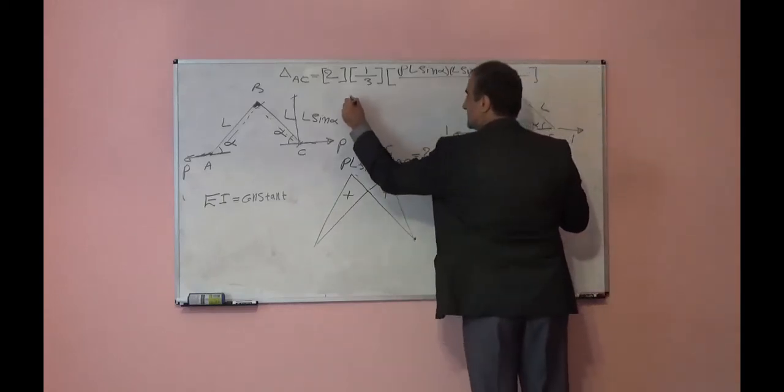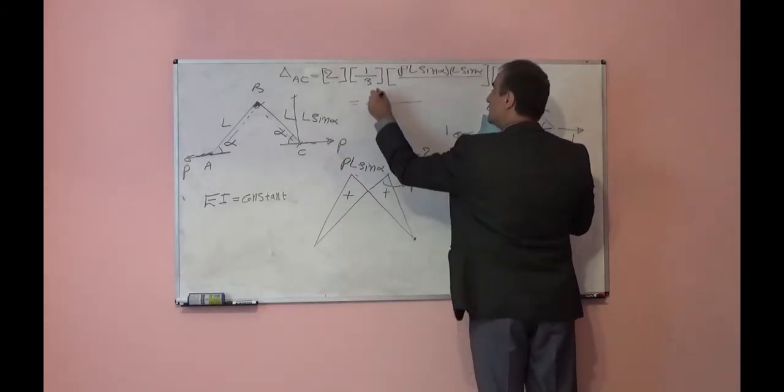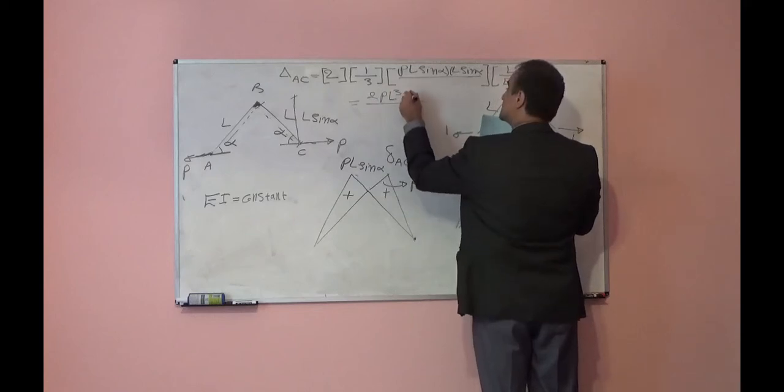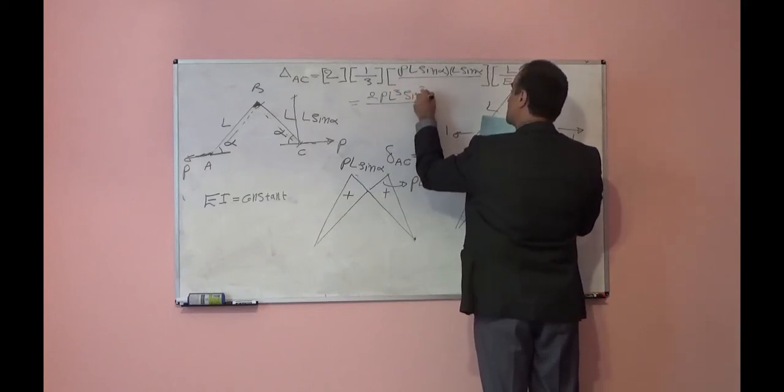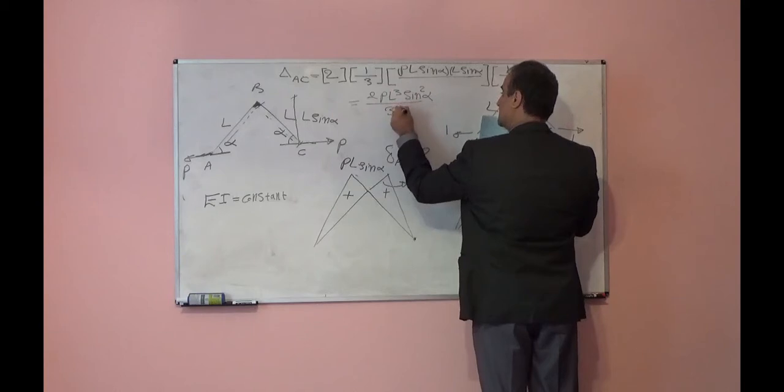The answer will be equal to 2PL cubed sine squared alpha over 3EI.